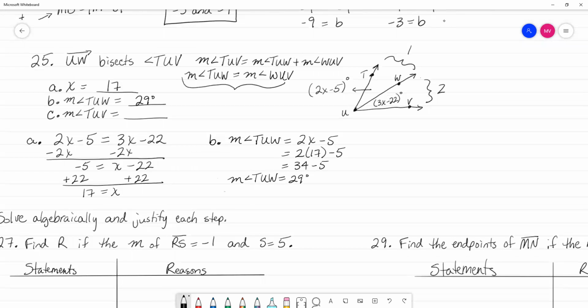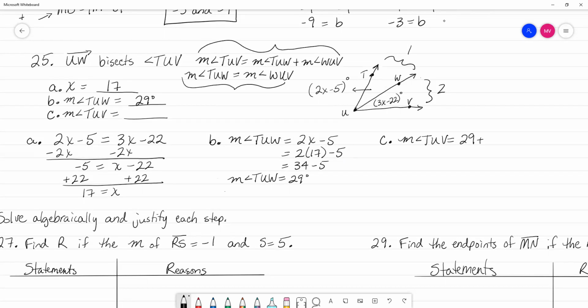Now we can use the top equation that I've got right here, that the larger angle is equal to the sum of the interior angles. So the measurement of angle TUV is equal to what we just calculated, the measurement of angle TUW, which is 29 degrees.